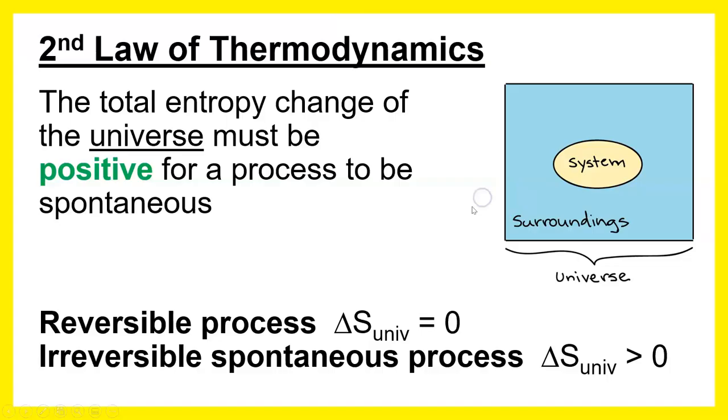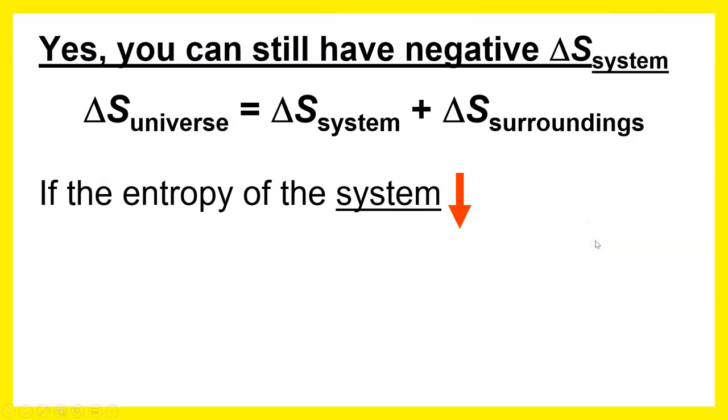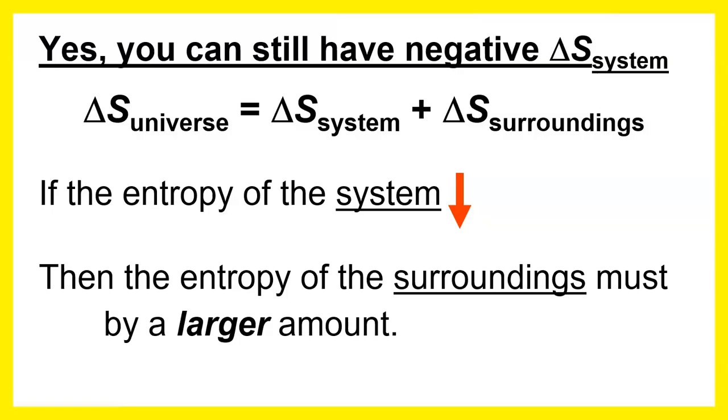So when we think about the universe, that's really saying system plus surroundings. So if the entropy of your system is decreasing, then the entropy of your surroundings needs to increase by an even larger amount. We have to end up with S universe positive.